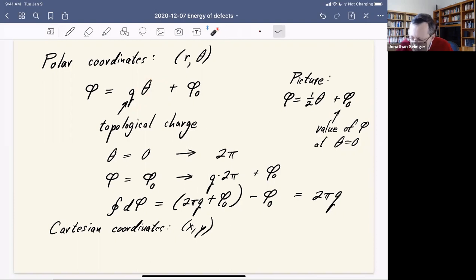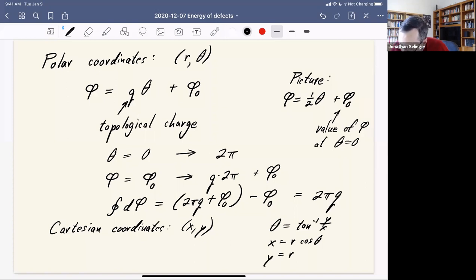That you get the angle theta from the inverse tangent of y over x. If that's maybe not familiar to you, what might be more familiar is to say x is r cosine theta and y is r sine theta.